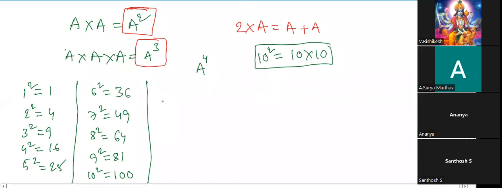Okay. Then Ananya completed. Santosh, 11 square. Sir, 121. 121.